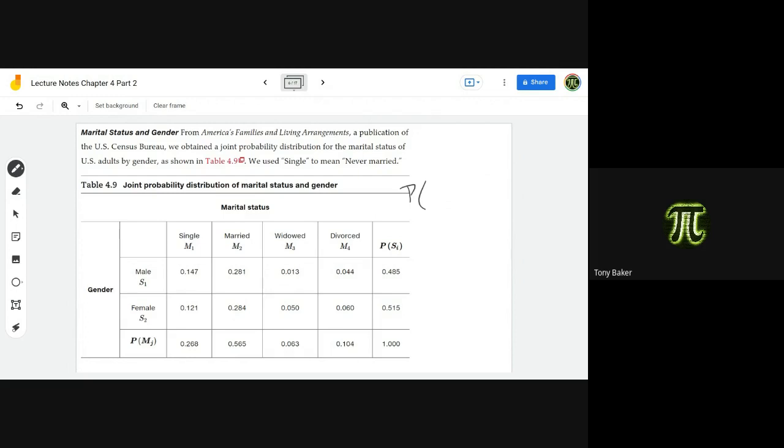In this case, we're selecting an adult that's divorced, given that they're male. So it's 0.044 divided by 0.485, which equals 0.091.